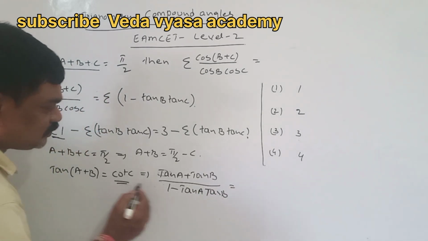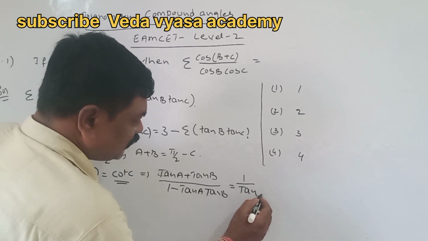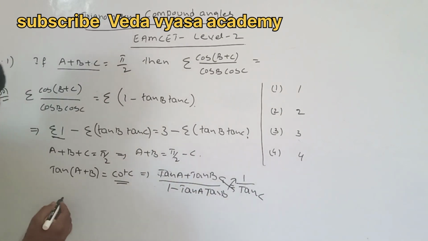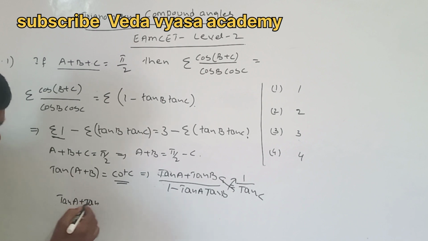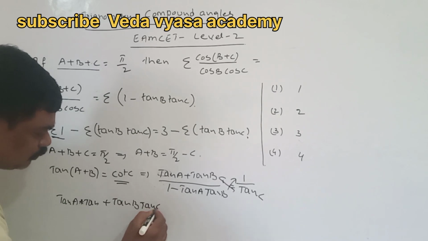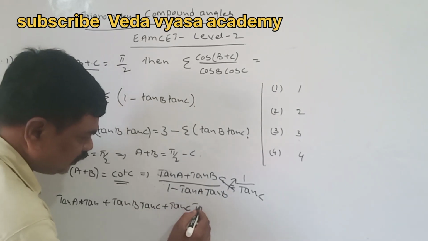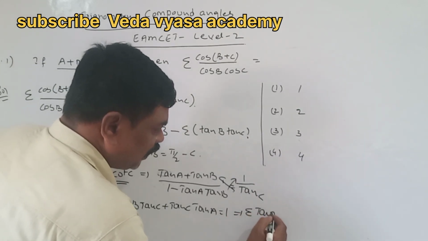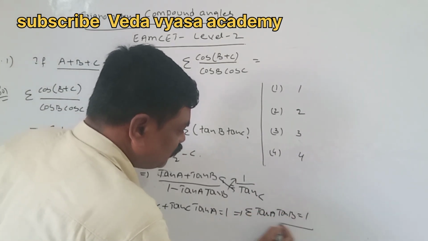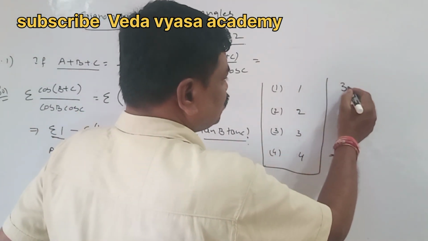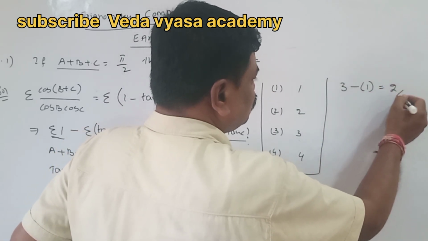Cot C can be written as 1 by tan C. By cross multiplication and simplifying, this is tan A tan B plus tan B tan C plus tan C tan A is equal to 1, which implies sigma of tan A tan B is equal to 1. This value will be 1. Therefore, we can write 3 minus 1 equal to 2.